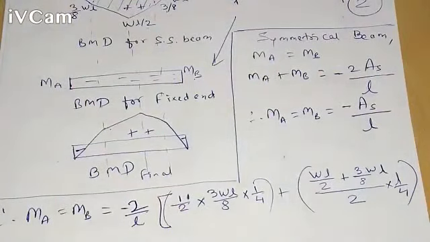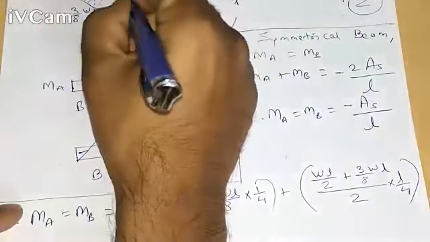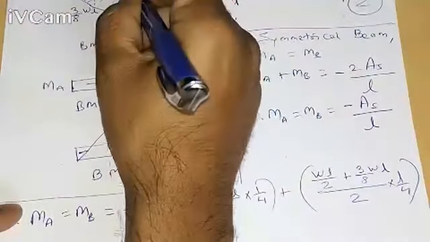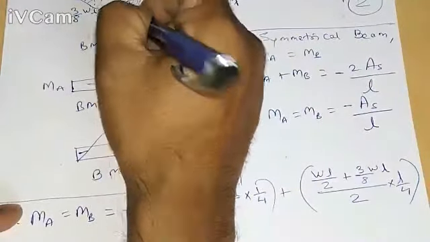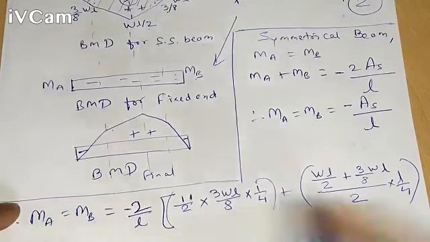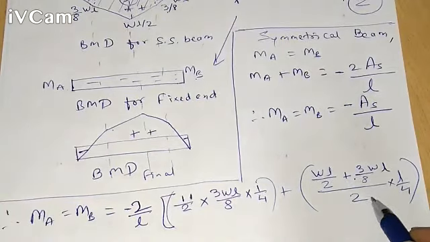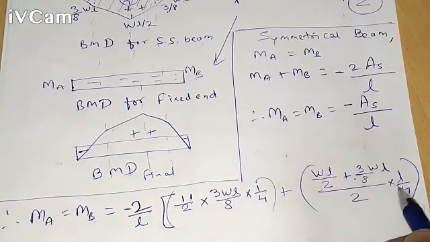So considering this total area, if we consider this as the first one and this one as the second, the two trapezium, in that case we will get WL by 2 plus 3 by 8 WL divided by 2 multiplied by L by 4.